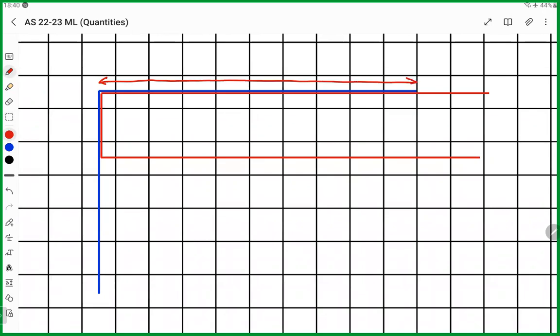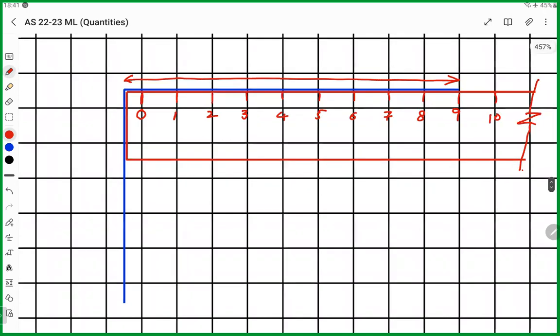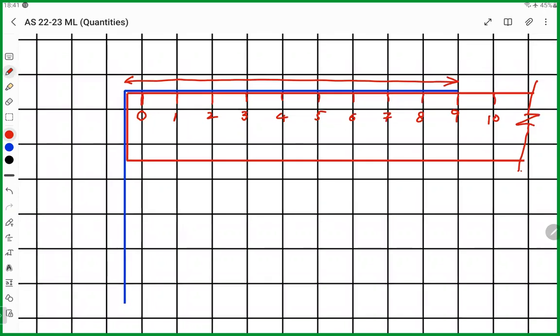And the problem is that your ruler starts from here. 1, 2, 3, 4, 5, 6, 7, 8, 9, 10. There is some remaining ruler. We are not considering it.